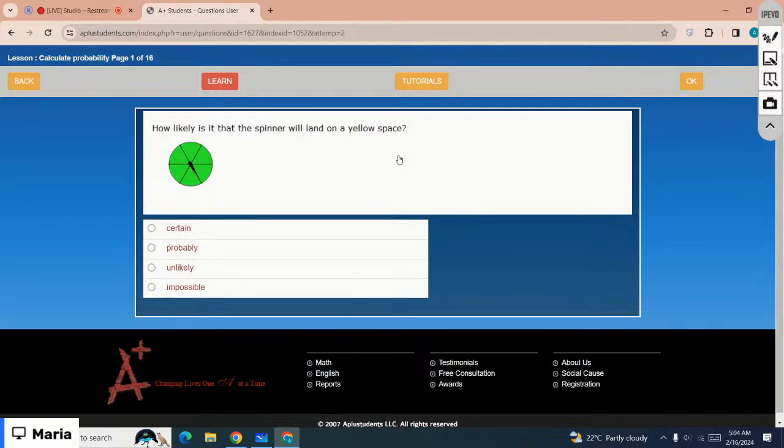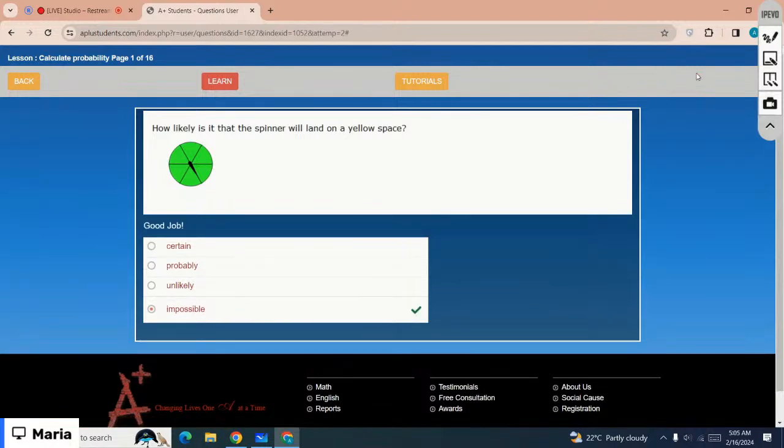The correct option is impossible, because you do not have any yellow portion here. So how will it land on yellow? The correct option is impossible. The next one is the same one: impossible, because the spinner has no yellow portion.